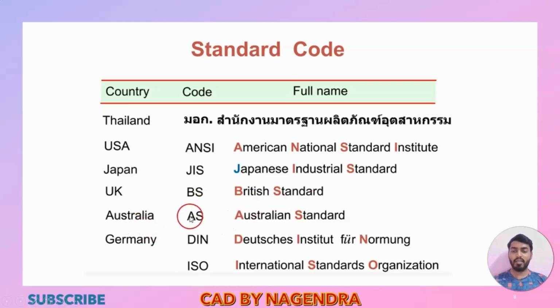Australia uses AS standards, Australian Standards, their own standards. Germany uses DIN standards, Deutsches Institut für Normung. Then ISO standards, International Organization for Standardization. Usually in India, in maximum cases, we use these ISO standards.